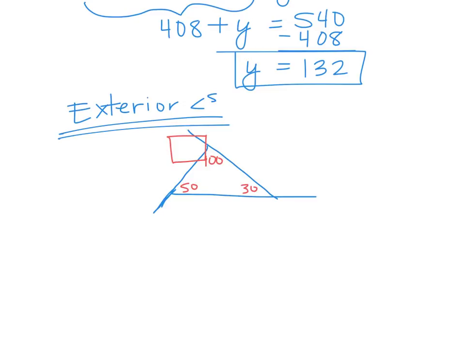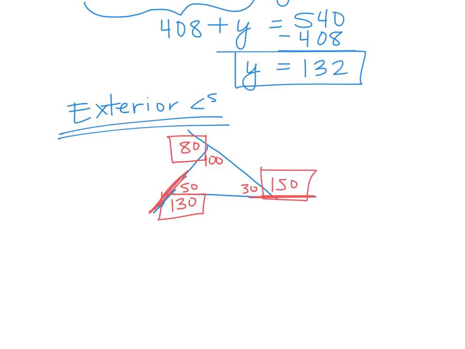If the one next to it's 100, and it's forming a straight line, it would be 80, right? So this is 80 degrees. What would this guy here equal? 130 to add up to 180 with the 50, so this is 130. And then this one would be 150 to add up to 180 there.